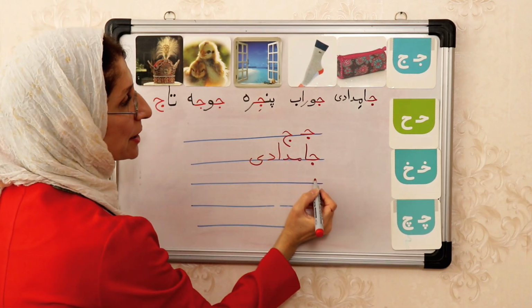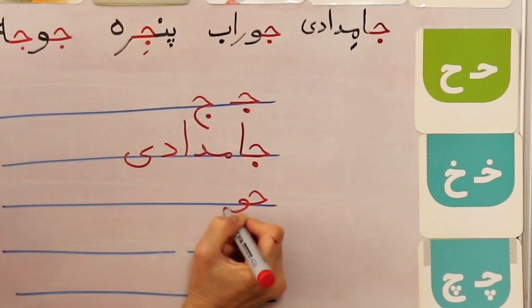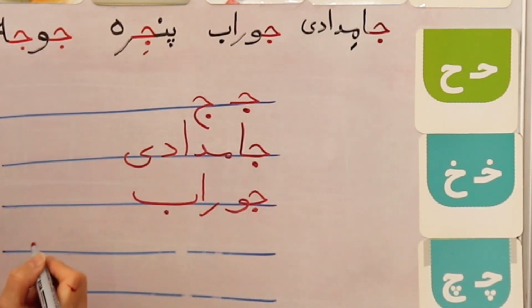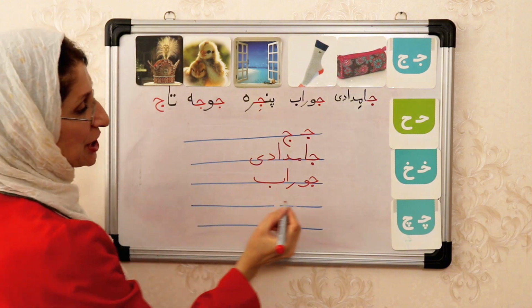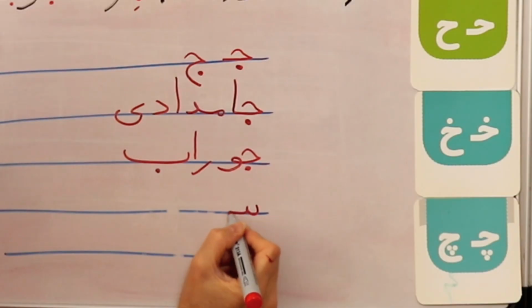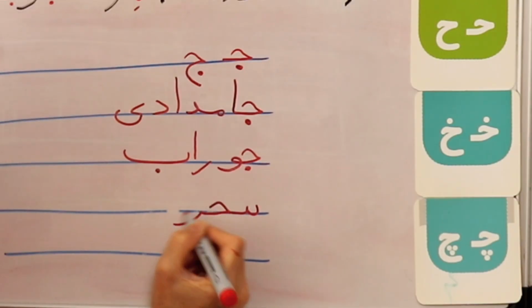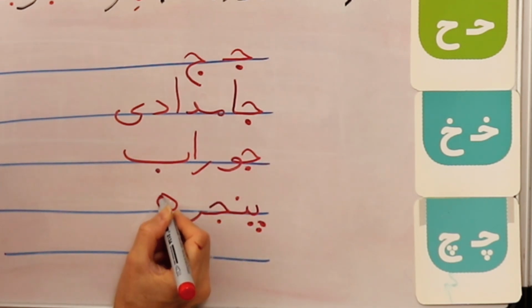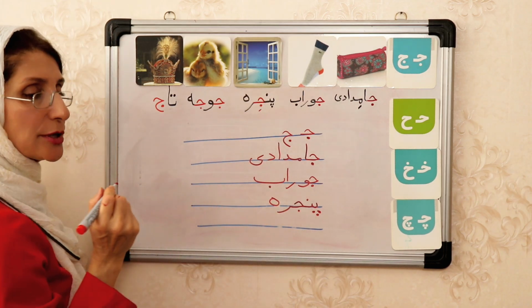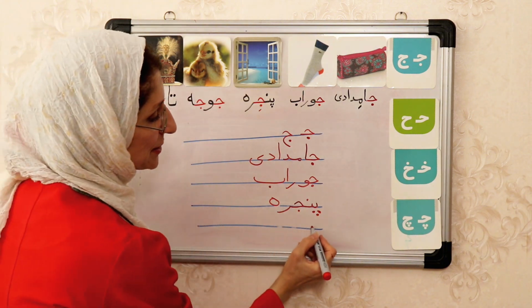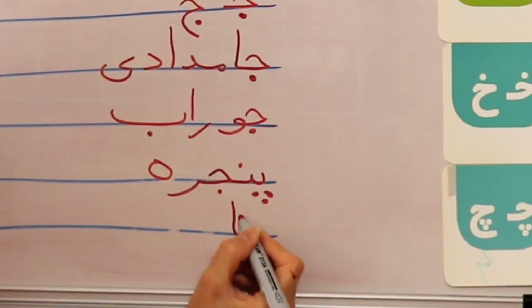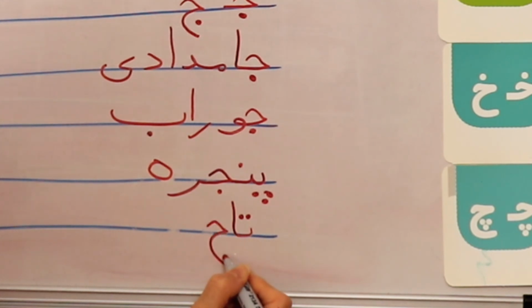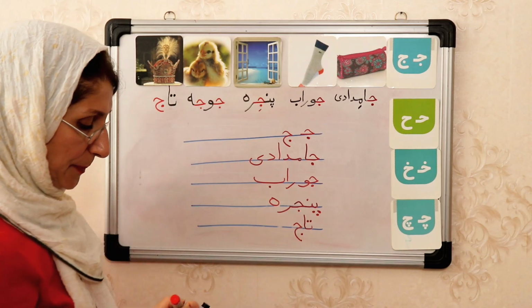Write one line جوراب. Write one line پنجره. And one line write تاج to practice ج آخر. تاج ج آخر.